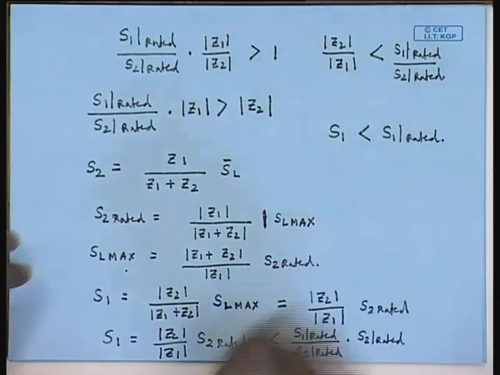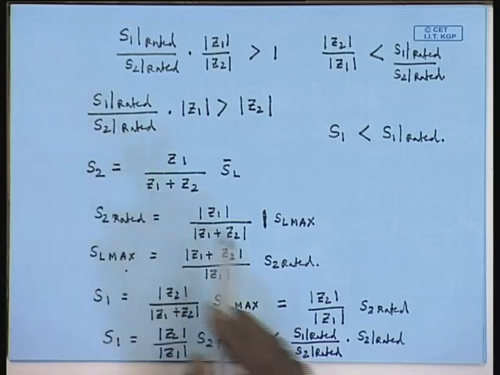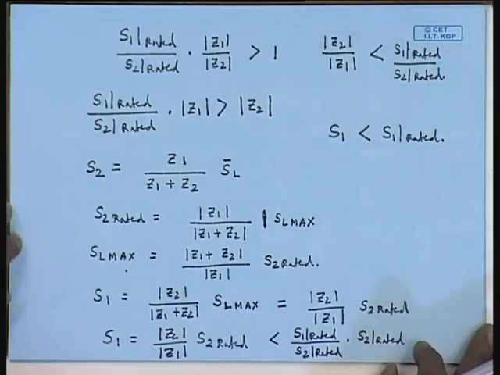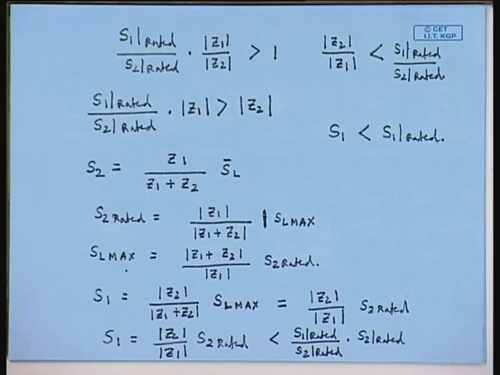Therefore, we see that if this relation is not satisfied, then the transformer with the lower series impedance reaches its kVA limit first, beyond which it will not be possible to load the parallel combination. Therefore, the other transformer will still have some capacity left.